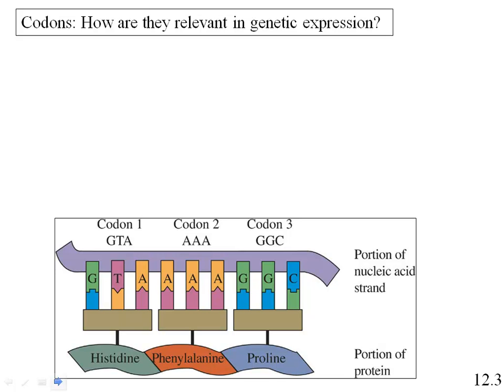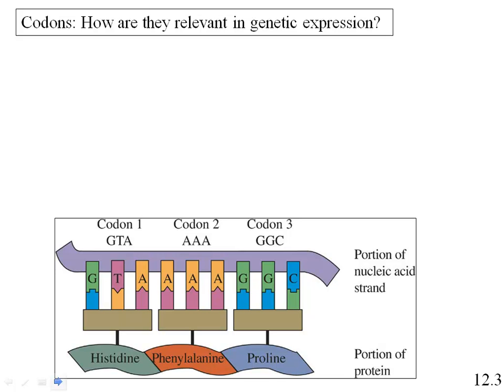Codons, how are they relevant in genetic expression? Okay. A codon is a sequence of 3 adjacent nucleotides, and they determine the insertion of a specific amino acid during protein synthesis, or they signal the start and stop of protein synthesis.